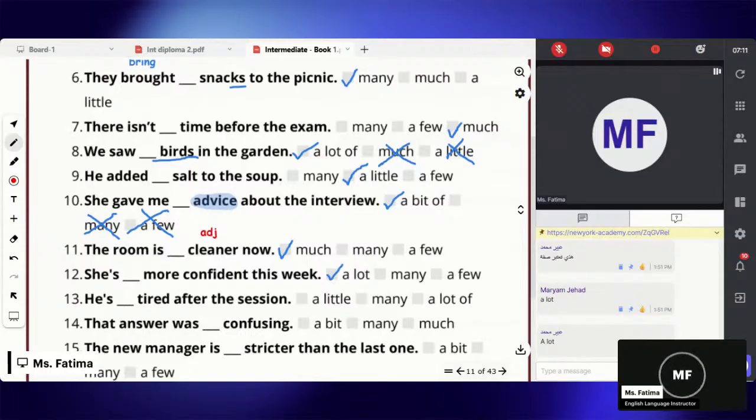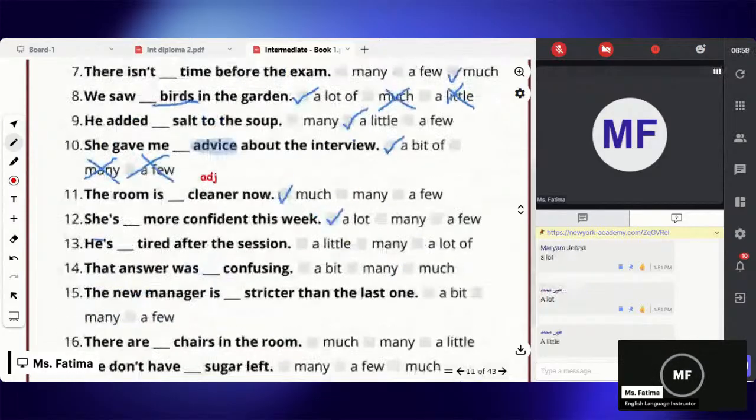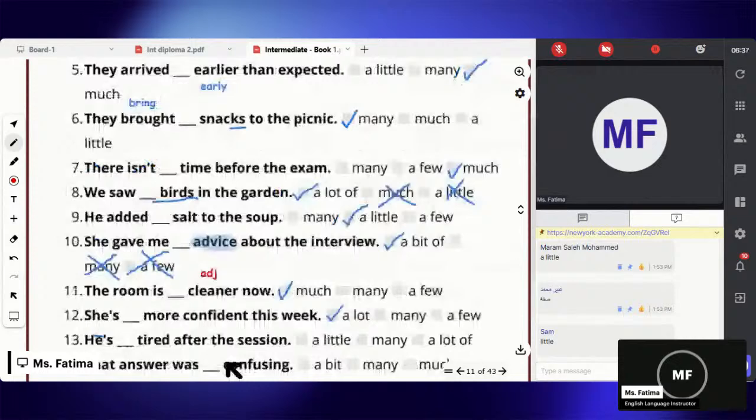Okay, number 13. He's tired after the session. He's a little tired, he's many tired, or he's a lot of tired. What do you think? The word tired is not a noun. Okay? So he's a little tired, or he's many tired, or he is a lot of tired.